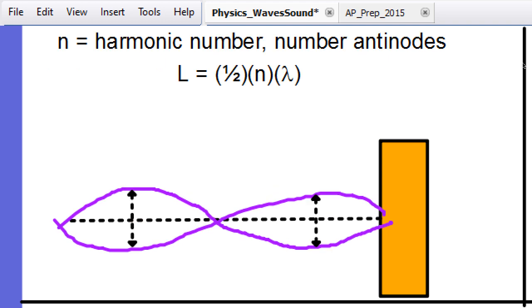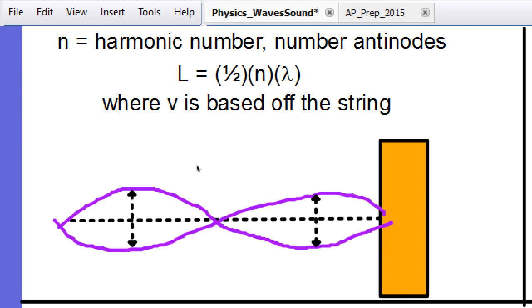All right, so remember that n is the number of antinodes, where L is a fixed length. We can't change it. And the speed of a wave on the string is based off the string. We cannot change the speed of a wave on that string. It's a property of that string itself.